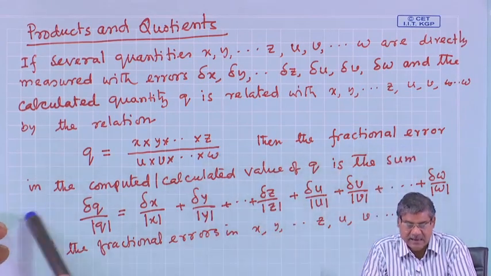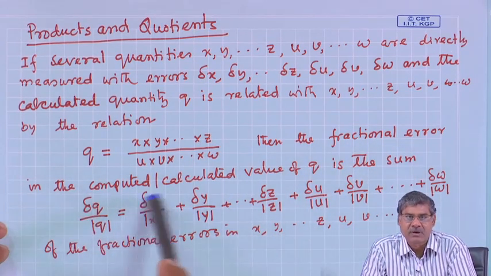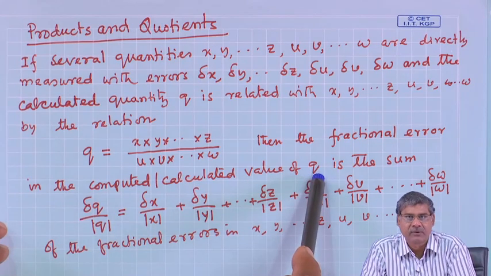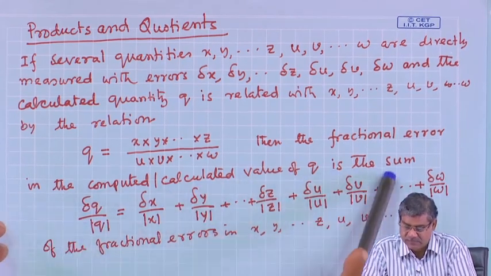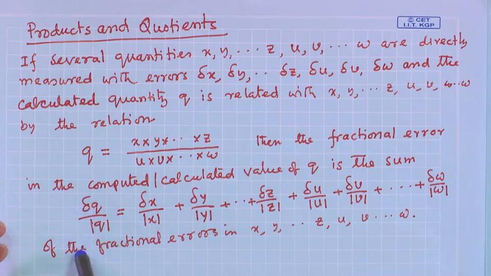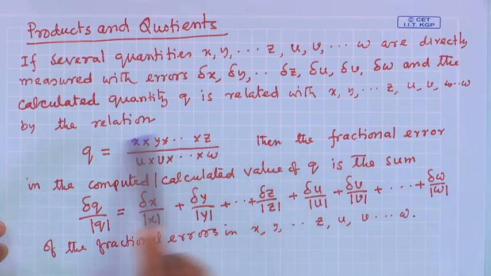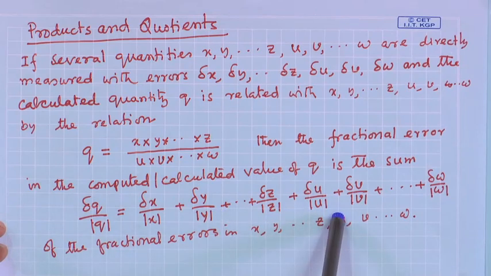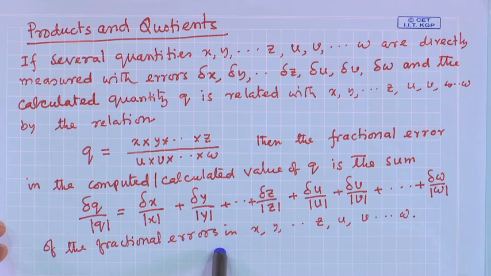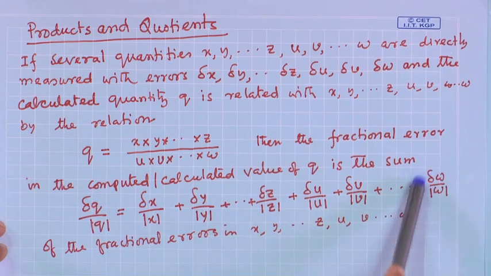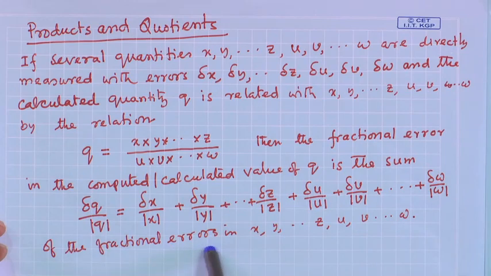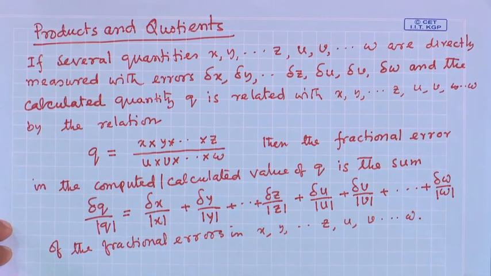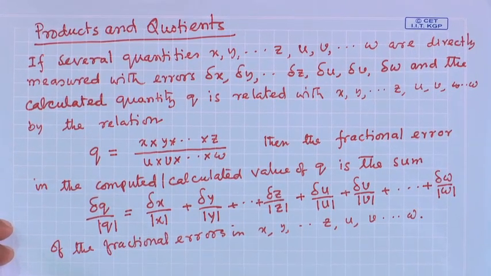Then the fractional error in the computed value of q, del q by q, is equal to the sum of all the individual relative errors, that is, the summation of the fractional errors in x, y, z, u, v, w. So, this is the second rule for propagation of error.